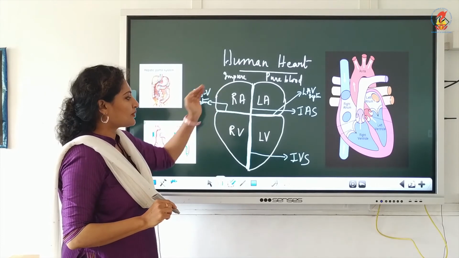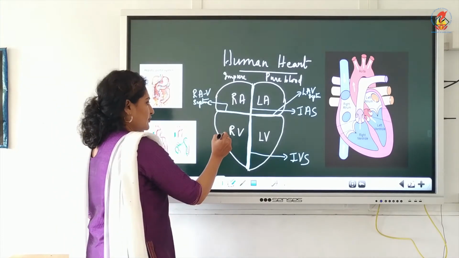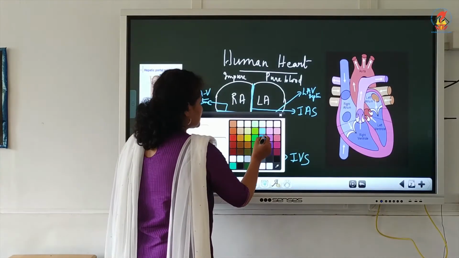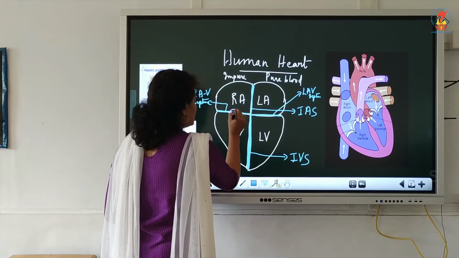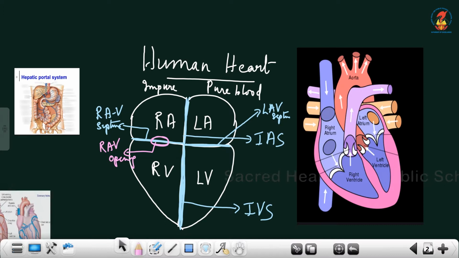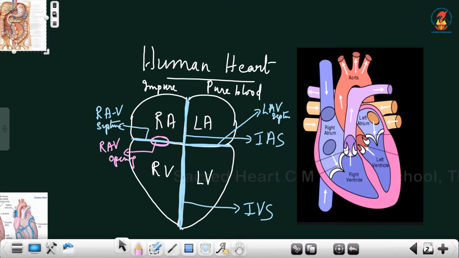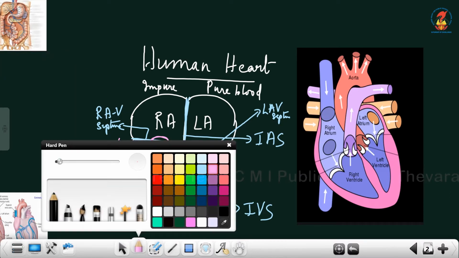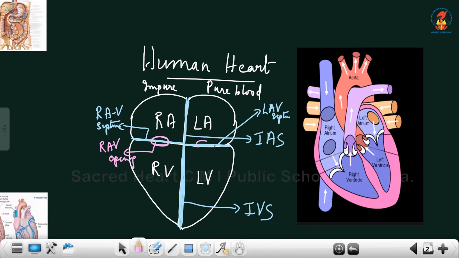The right atrium communicates with the right ventricle by an aperture or opening, and this opening is called the right atrioventricular opening. Similarly, the left atrium communicates with the left ventricle by an opening called the left atrioventricular opening.